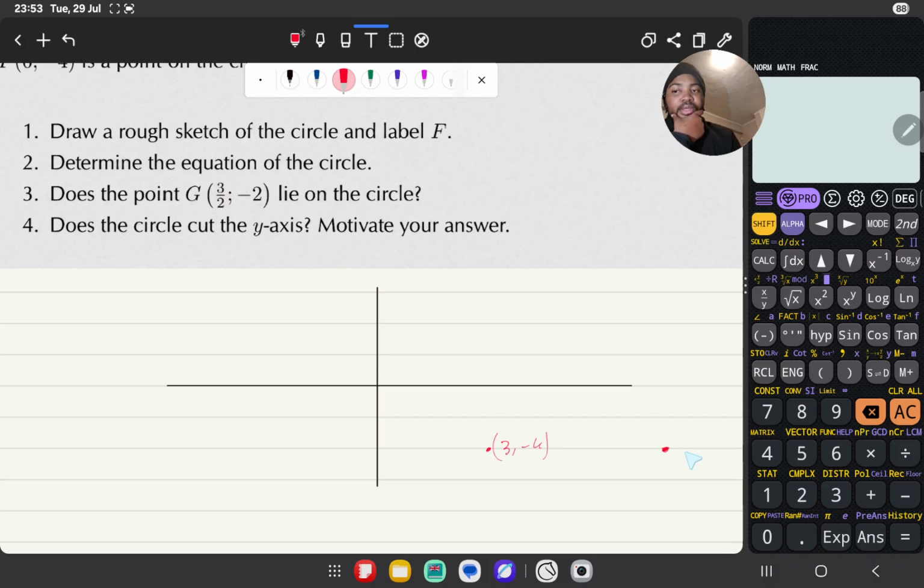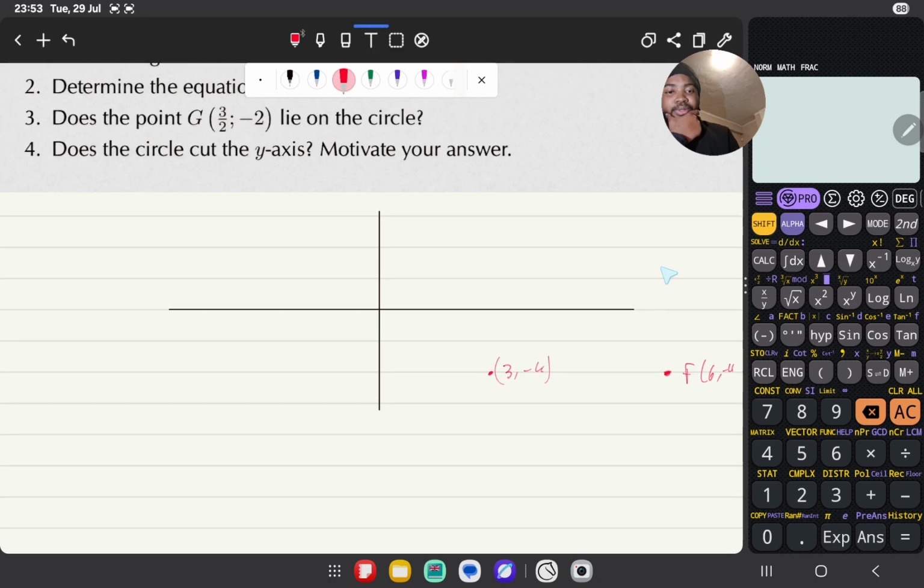This is point F, (6, minus 4). So with this, that means my circle is going to be something like this. Allow me to say it is not drawn to scale.